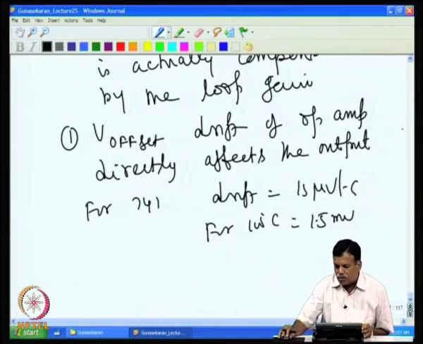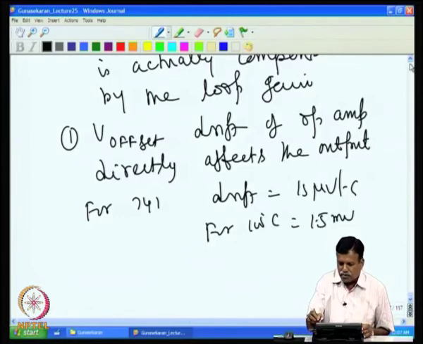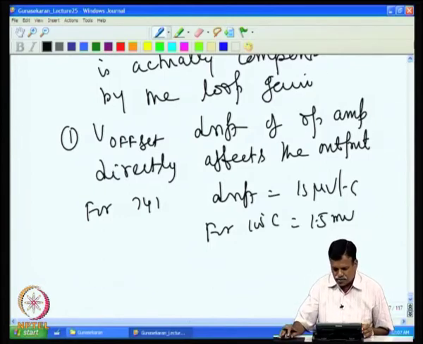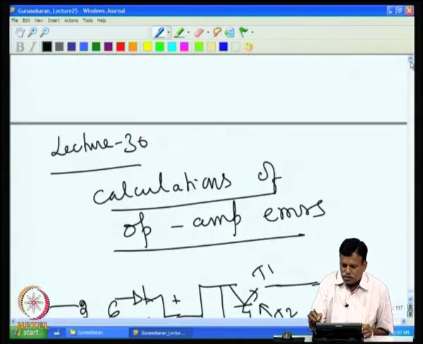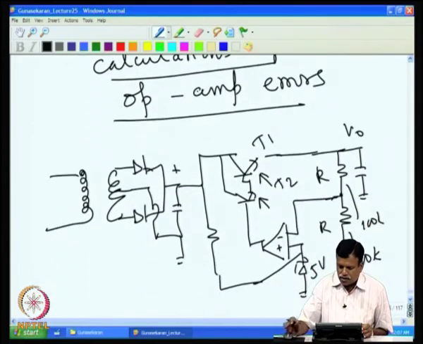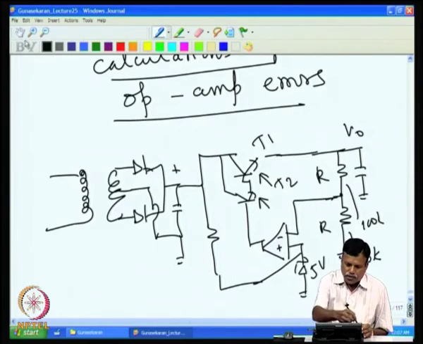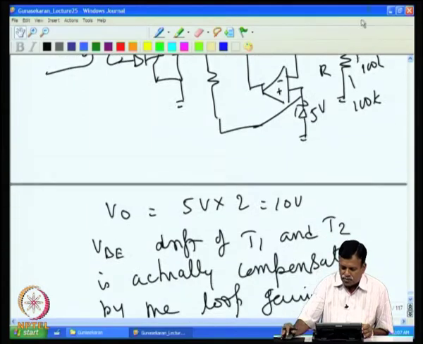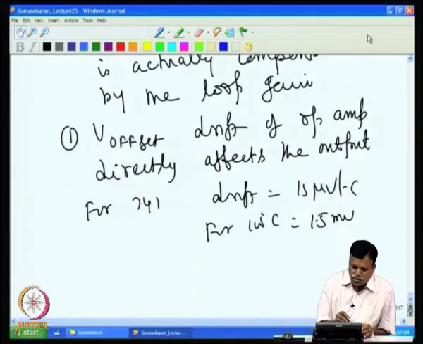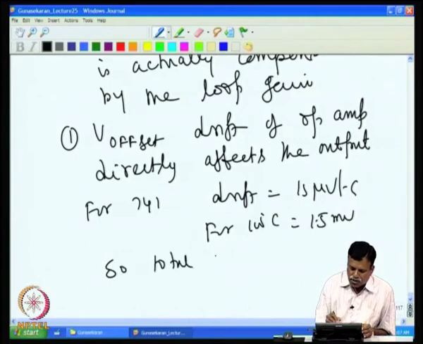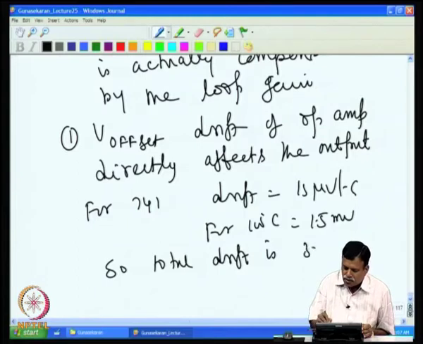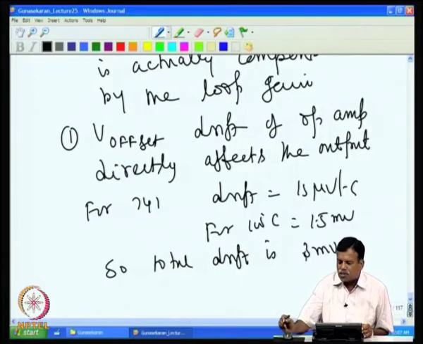So, 1.5 millivolt drift comes at this point, which is equivalent to a 3 millivolt drift at the output. So, the total drift at the output is 3 millivolt. This is due to offset voltage drift.